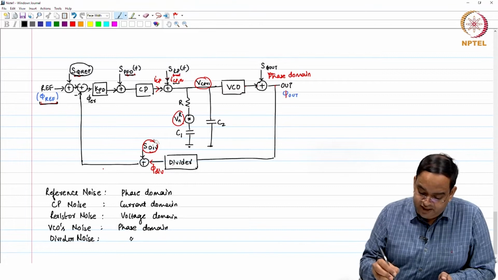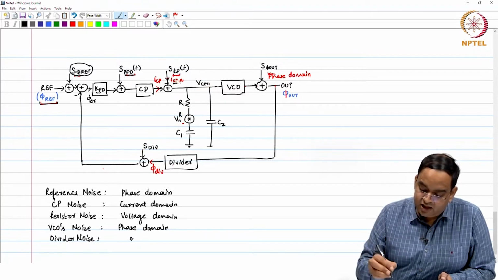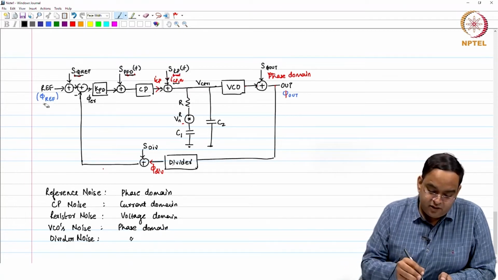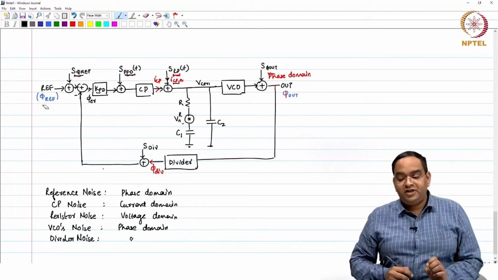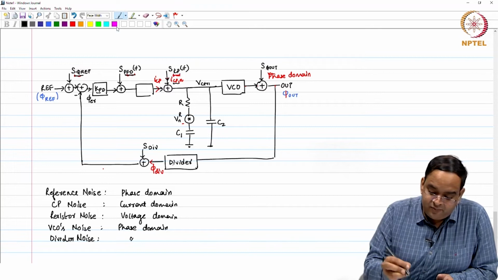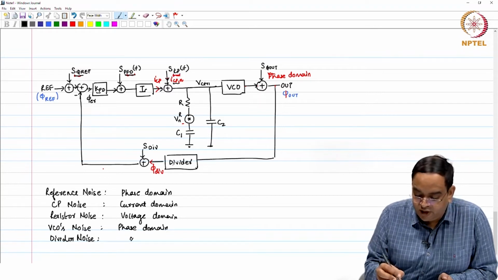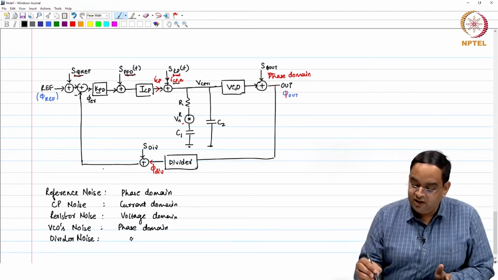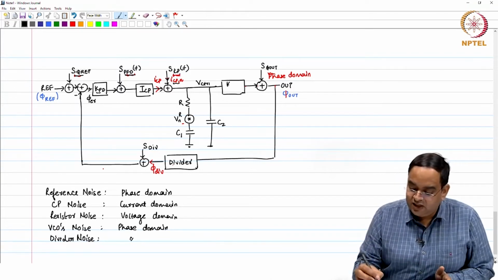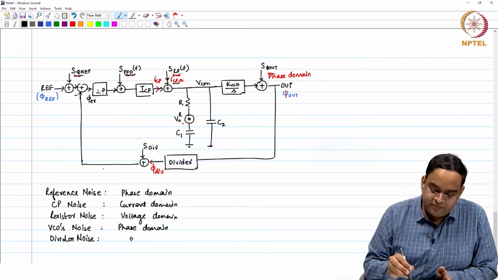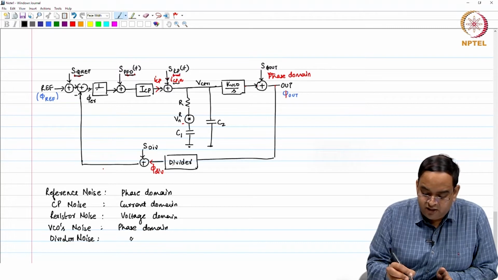Now, after finding all these noise sources, what we need to do is find how these noise sources get converted to the output phase noise by the small signal analysis. So, to do that, I will replace these blocks with their linear model. This is a small signal model, which is ICP here, and this is KVCO over S. KPD of the PFD block is 1 over 2 pi.